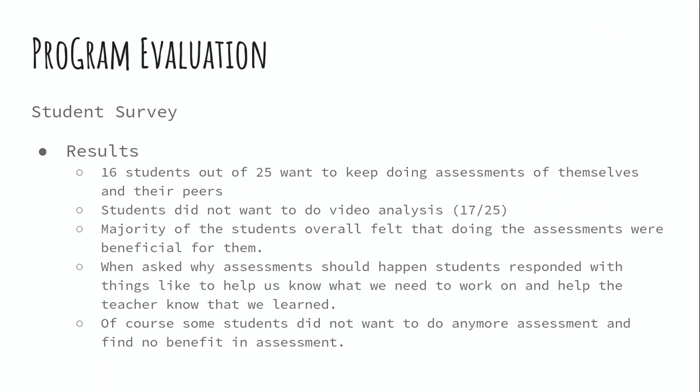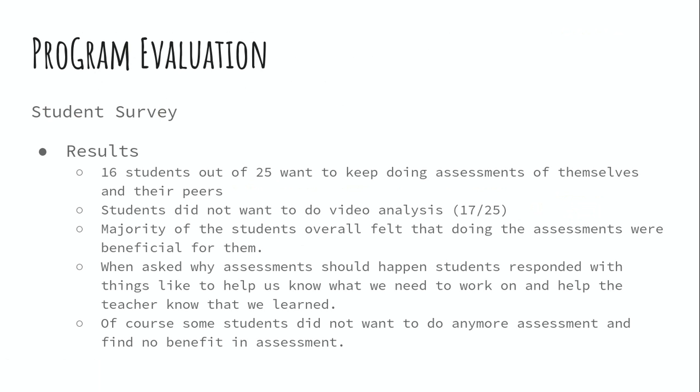I don't think they maybe fully understand what is involved in videotaping themselves. Again, just making sure they understand that it's all for them, not getting a grade because they're not doing it the right way. Majority of the students felt that doing the assessments were beneficial for them.